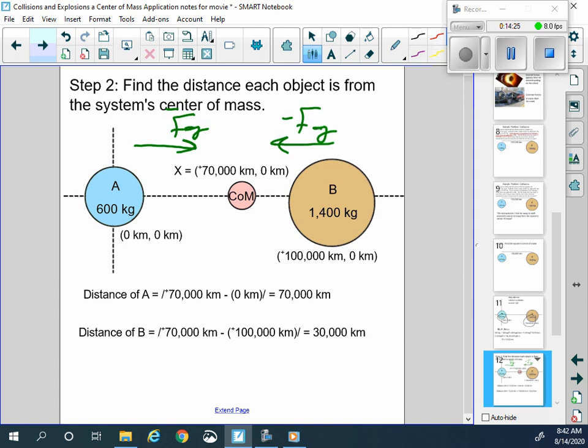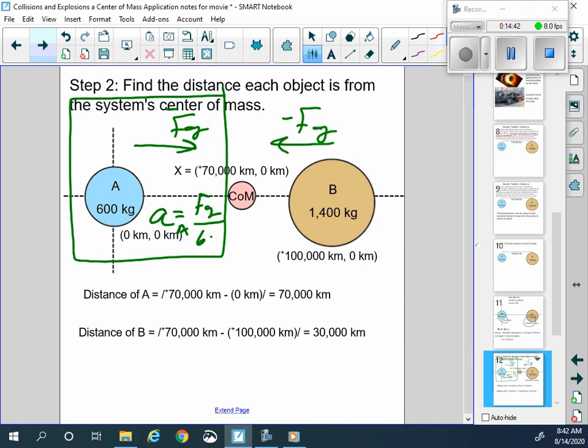I can now turn around and say that this force of gravity, while internal for the system, is external for this asteroid. And the acceleration of asteroid A would equal that force of gravity over 600 kilograms, mass, a force over mass.